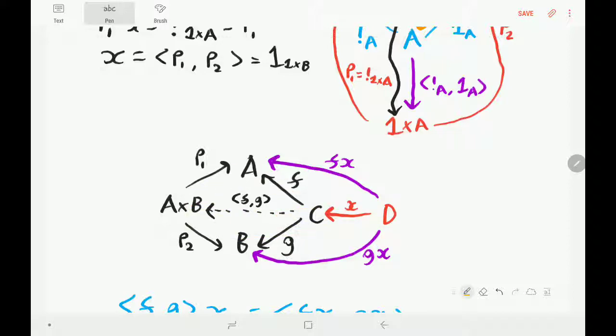Of course, there can be more than one arrow from C to A times B, but there's only supposed to be one which makes this black diagram commute, for any particular F and G from any C.